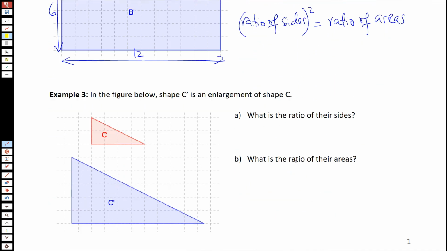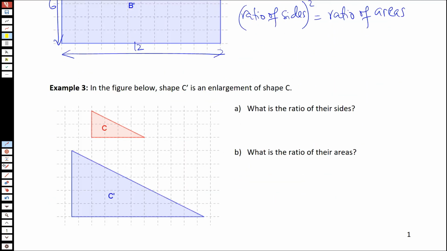All right, let's look at example 3 before we conclude. So in example 3, we have triangles, and the height for this triangle here is 2. The height for this is 5.